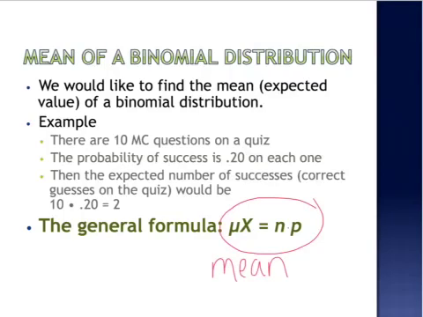If we have 10 questions, the probability of guessing correct would be 0.2, and if we did that multiplication, we'd end up with 2, which means that the expected value, or average, that a person would receive by guessing on all 10 questions would be a 2 out of 10.